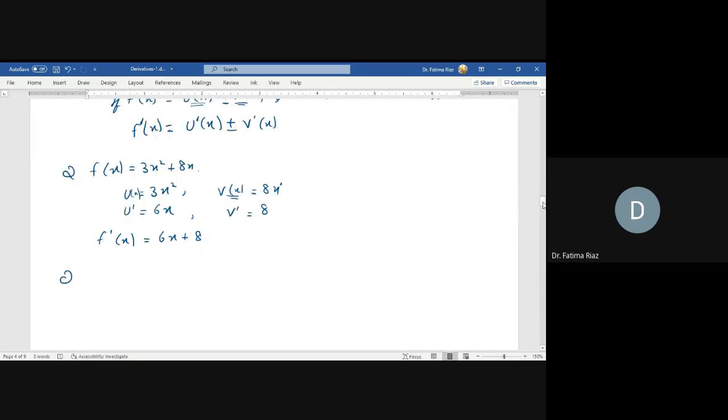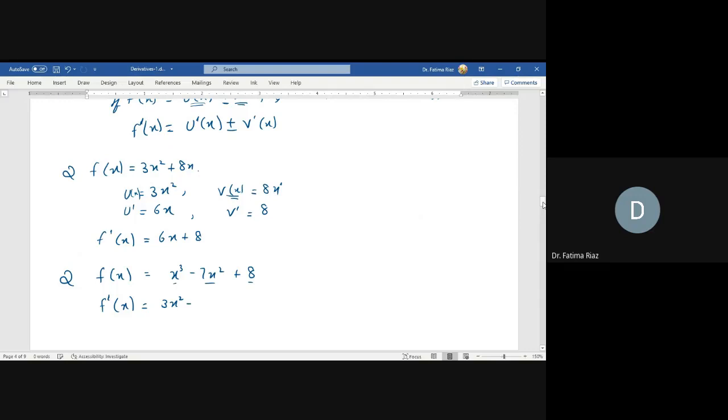Taking one question directly, let's have a question that is x cube minus 7x square plus 8. You can see there are three terms. You can take the derivatives of individual terms. That means that f prime x is, the derivative of x cube is 3x square. Derivative of this one is 2 will multiply with this constant and power will be subtracted from here.